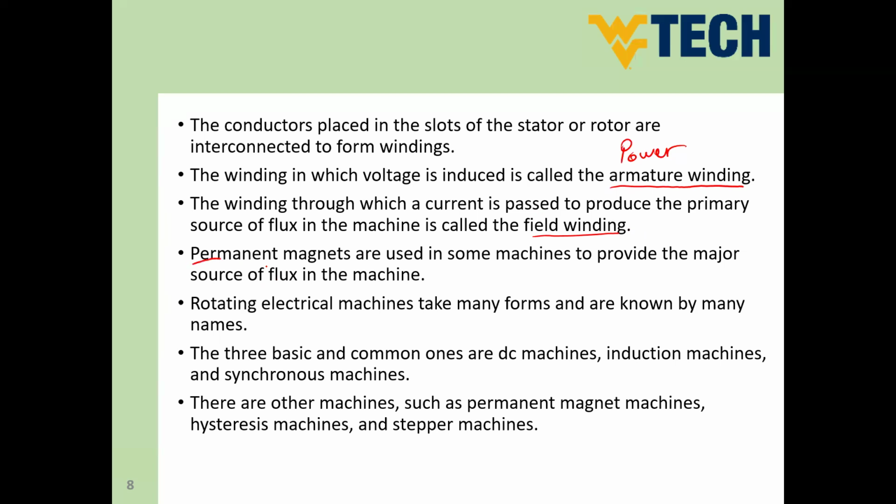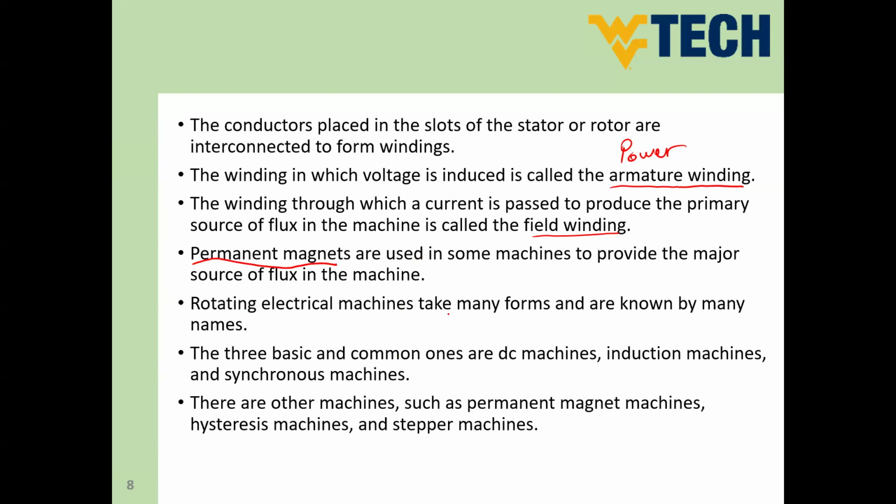So we can have the source of magnetic field either from a permanent magnet or from a field supplied by some electrical source. So these are the two types of field machines, or how to make the field inside a machine.